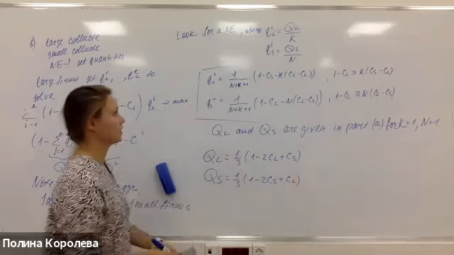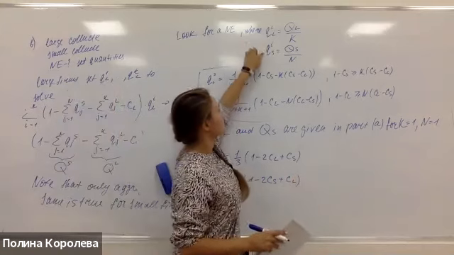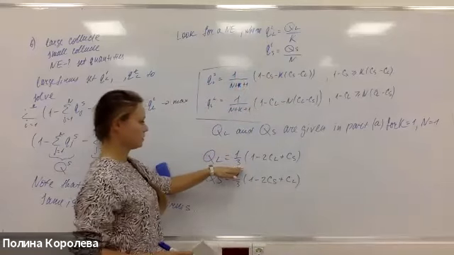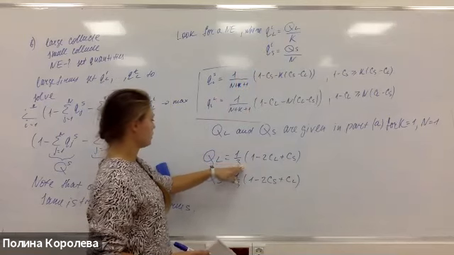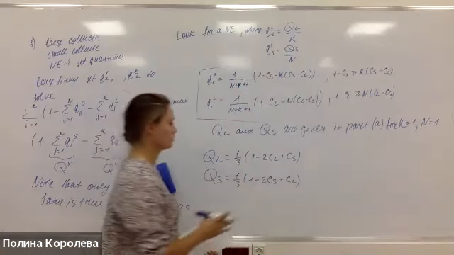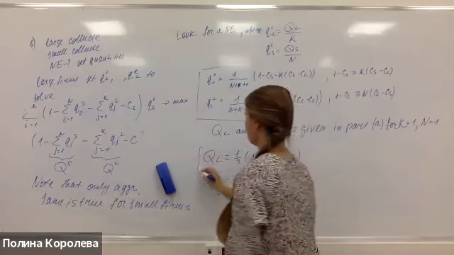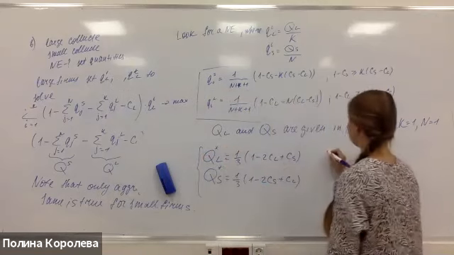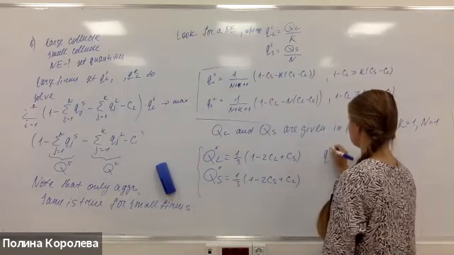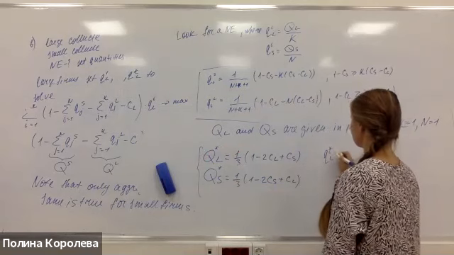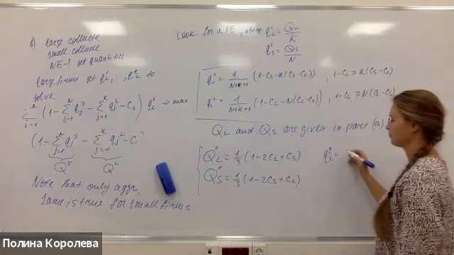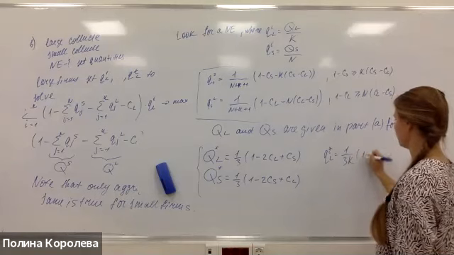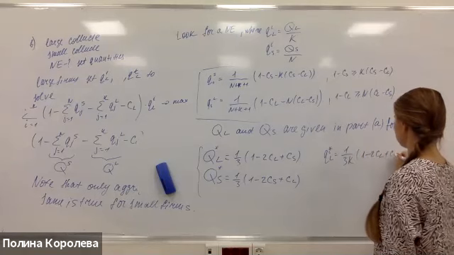And if we want to find the quantity that will be produced by each firm, we should divide here by K, here by N, and that's all. That's right. So the optimal quantity for each large firm is equal to 1 divided by 3K, (1 minus 2CL plus CS).